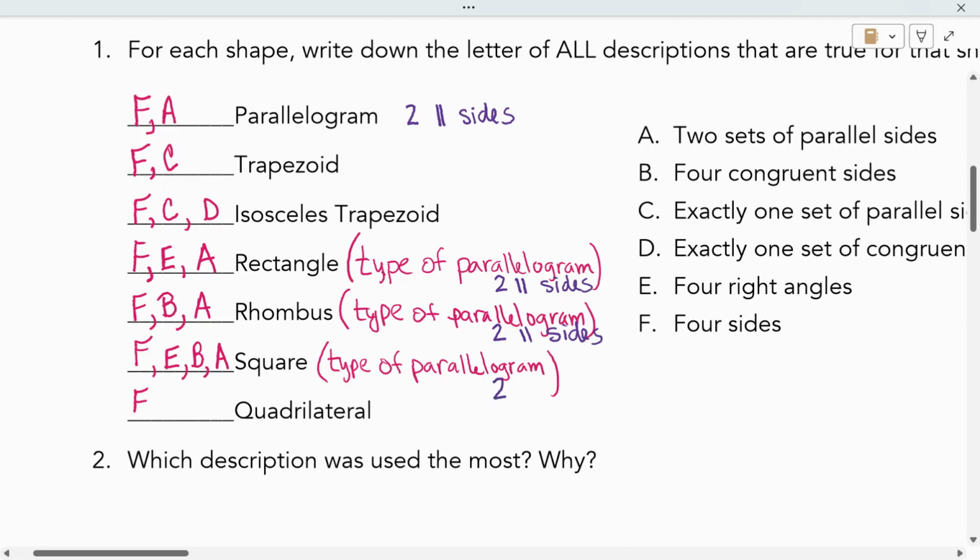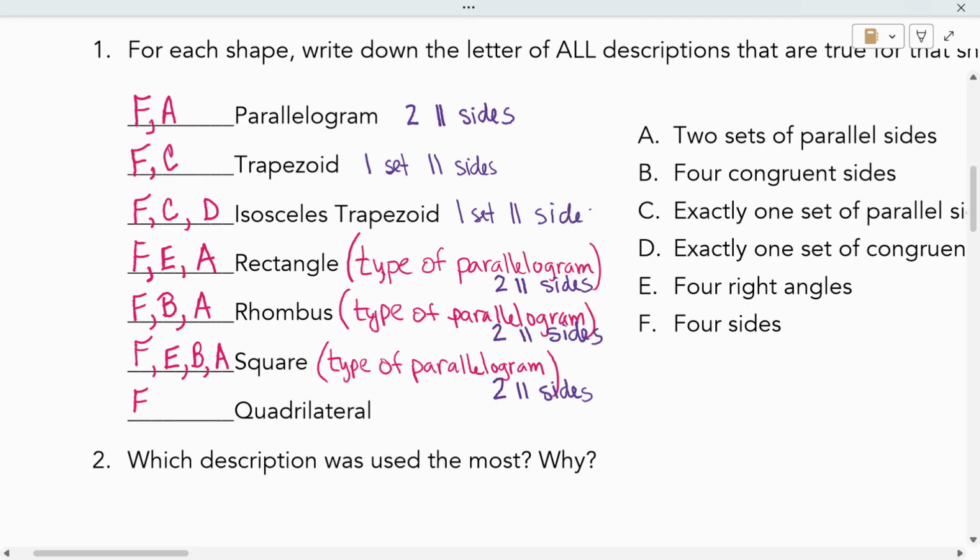And so does a square, 2 parallel sides. What about the trapezoid and the isosceles trapezoid? How many parallel sides do they have? Just 1 set, right? Didn't we say that? So I'm going to write that as well. 1 set of parallel sides.